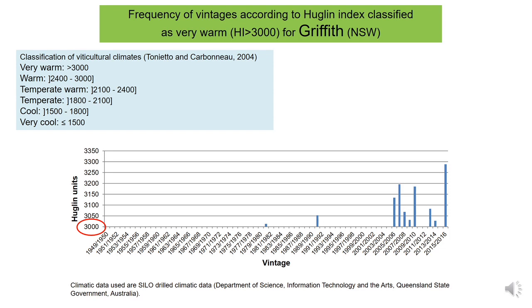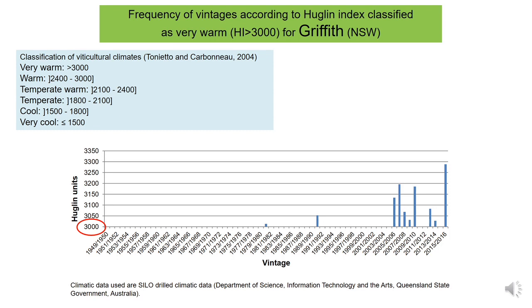To assess the temperature of regions, there are climatic indices, and Huglin indices is one of them. Those indices allow to classify the viticultural regions, from very warm, temperate, cool, and very cool.